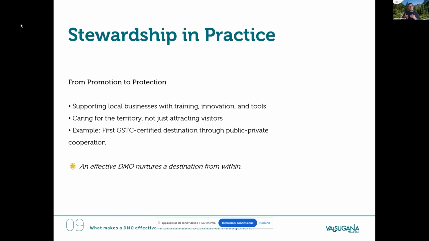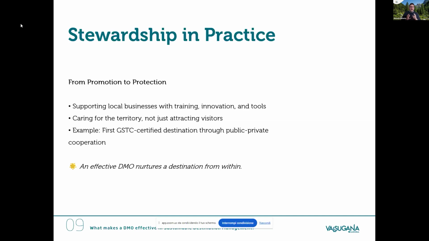The new dimension of the DMO is to lead private entrepreneurs, or tourist entrepreneurs, to follow the tourist plan in dialogue with the DMO and the vision of the DMO.